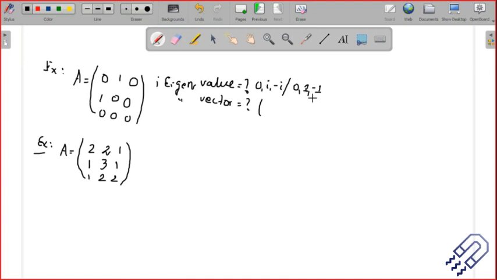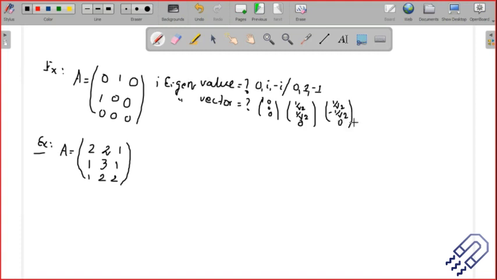And what are the vectors you are getting? For lambda equal to 0, all are 0. For lambda equal to 1, it is 1 by root 2, 1 by root 2 and 0. And for lambda equal to -1, it is 1 by root 2, minus 1 by root 2 and 0.